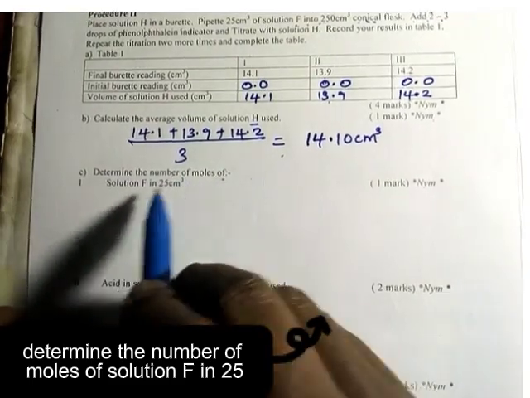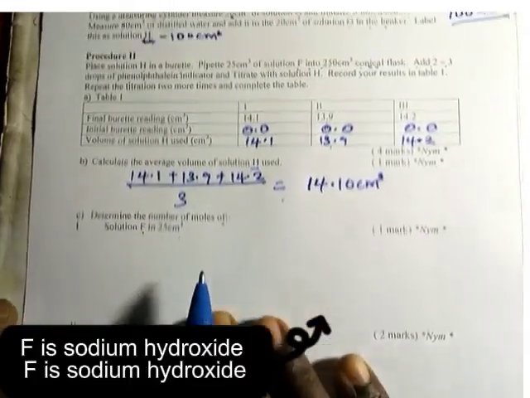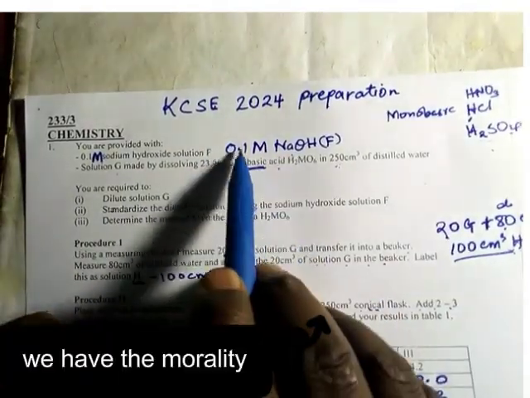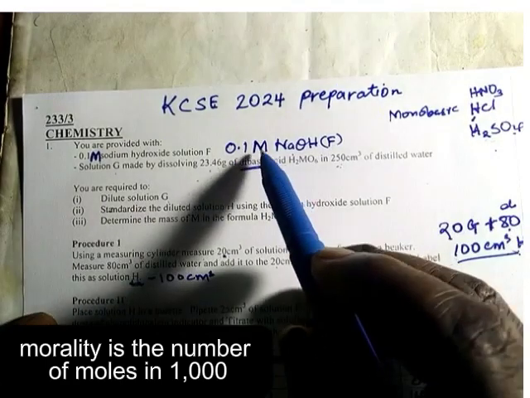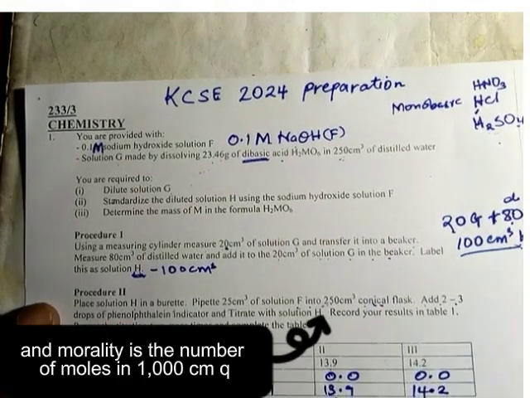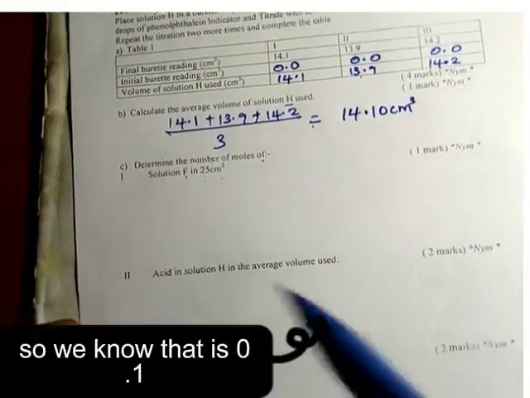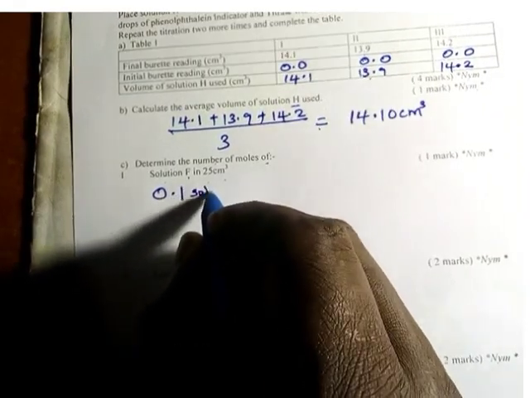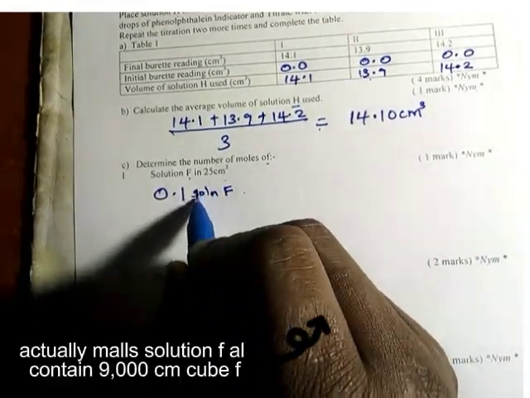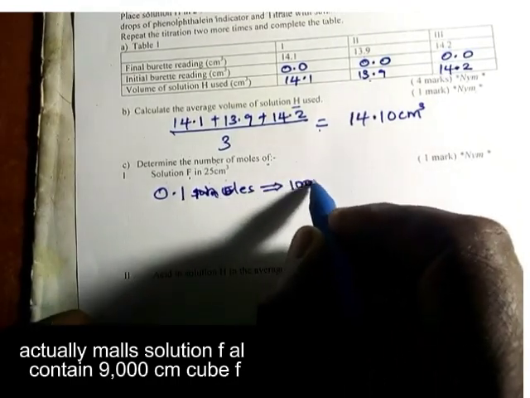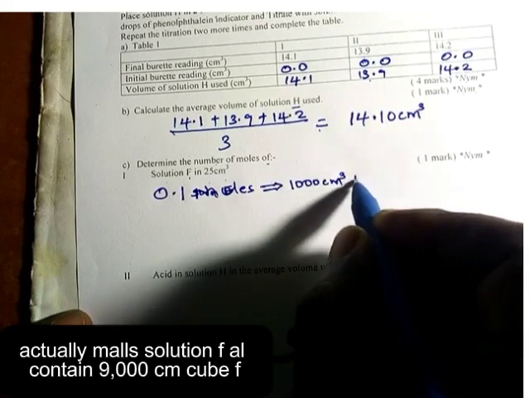Determine the number of moles of solution F in 25. F is sodium hydroxide. We have the molarity. The capital M stands for molarity, and molarity is the number of moles in 1,000 centimeters cube. So 0.1 moles of solution F are contained in 1,000 centimeters cube.